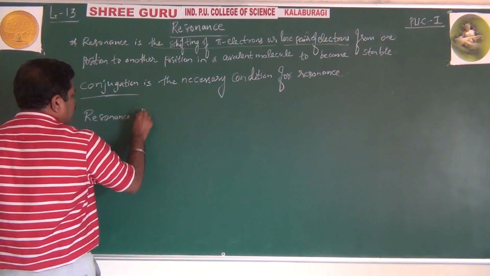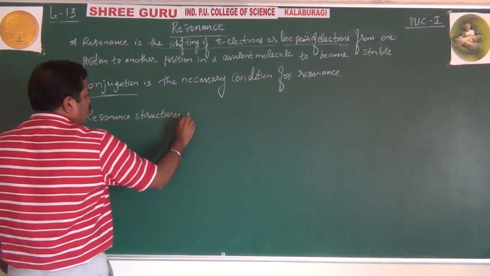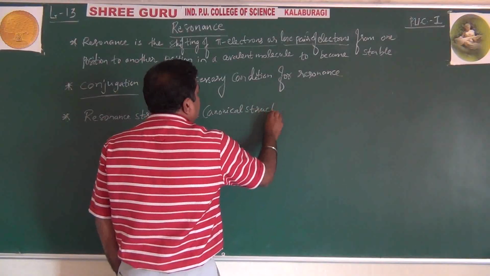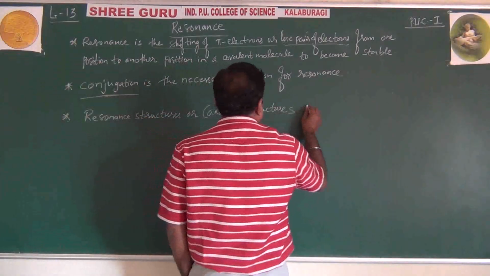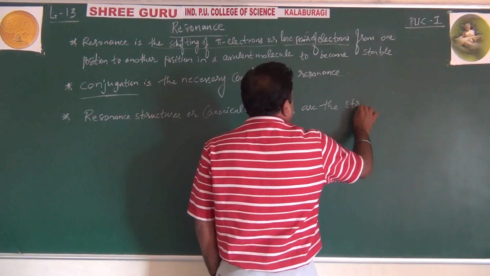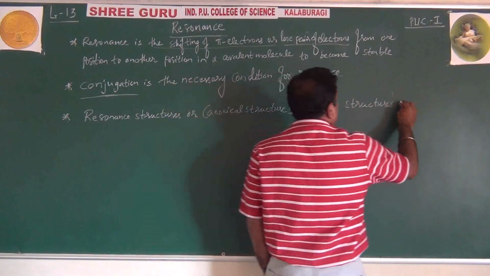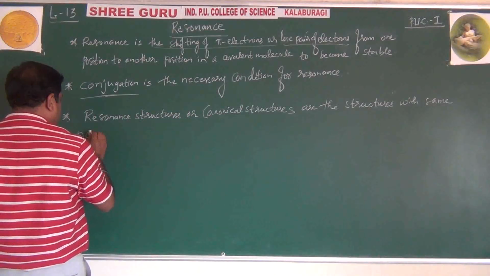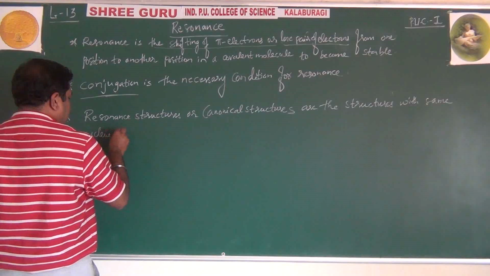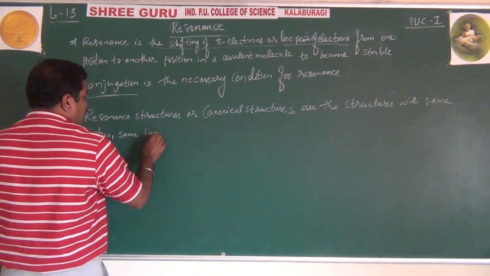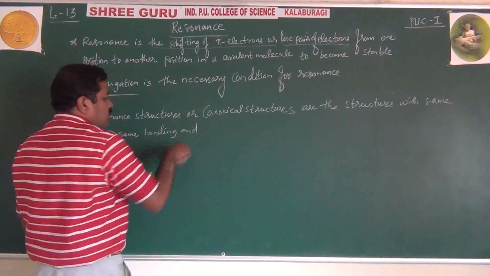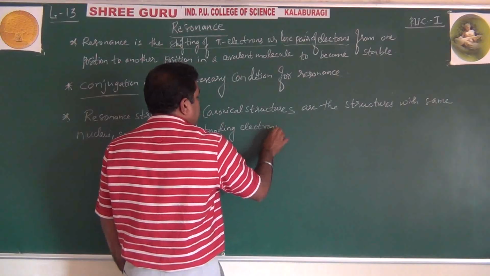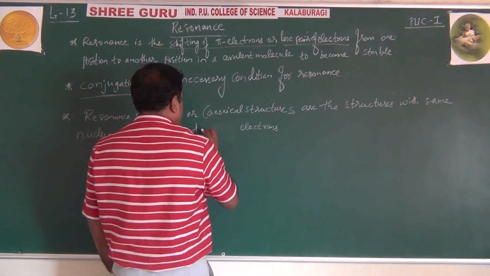Resonance structures, also called canonical structures, are the structures with the same nuclei, same bonding and non-bonding electrons.